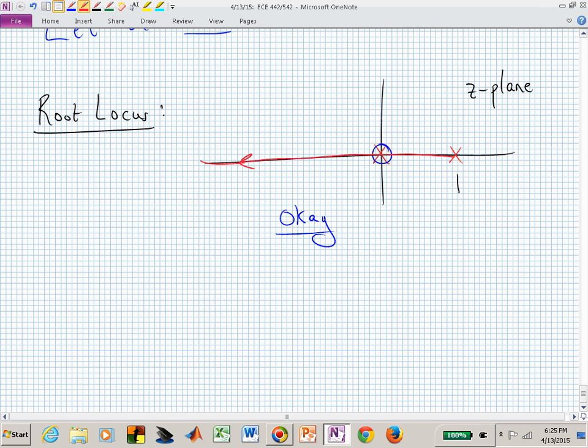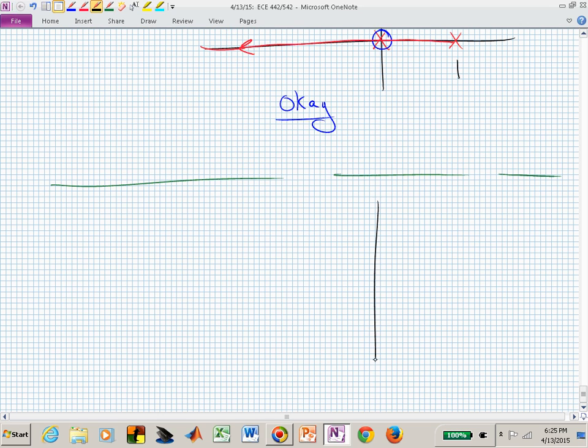What about a different root locus? What if we did what I just said before? We have our two poles, and now we put a 0 there. How many real line segments now exist?